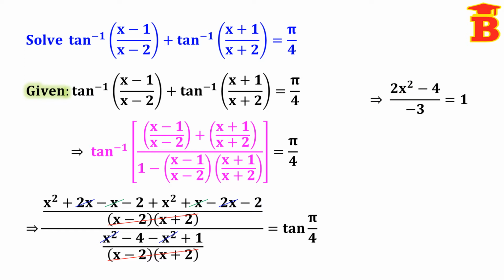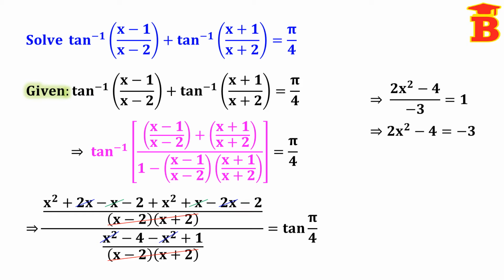And in the denominator, x square minus x square cancelled. So we get minus 4 plus 1 is minus 3, equal to the right hand side, tan pi by 4 is 1.